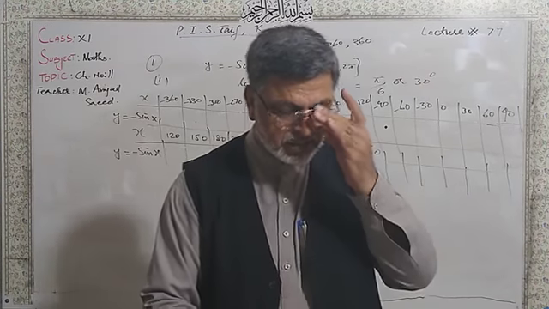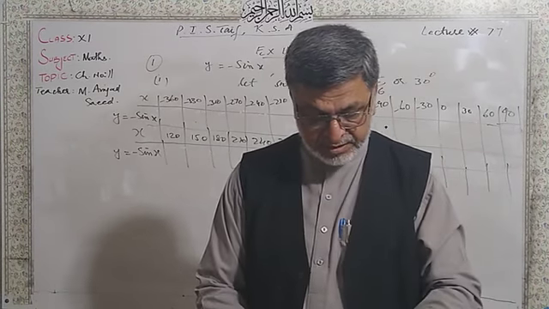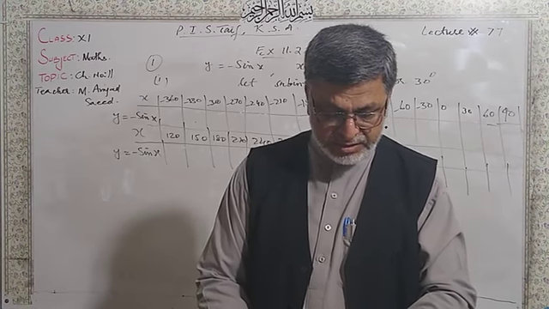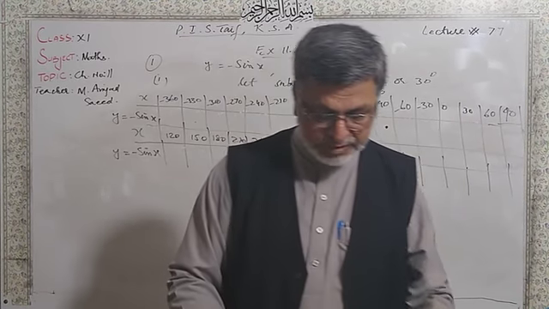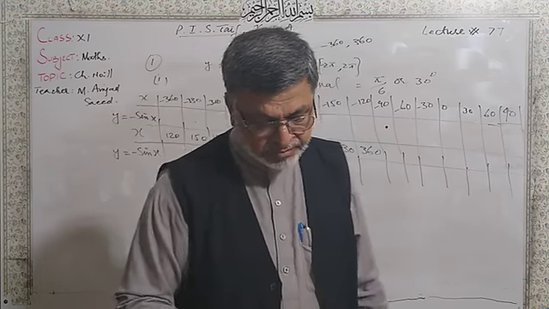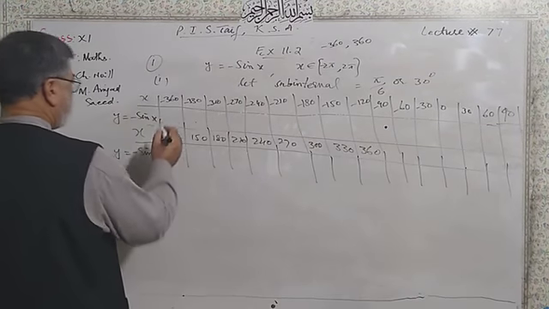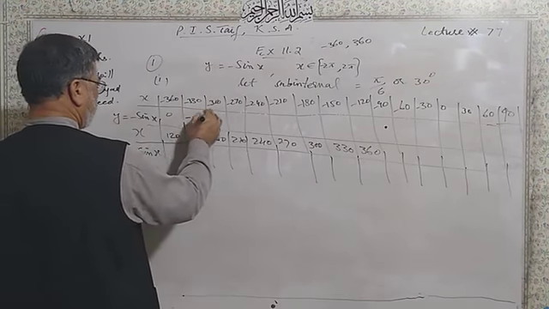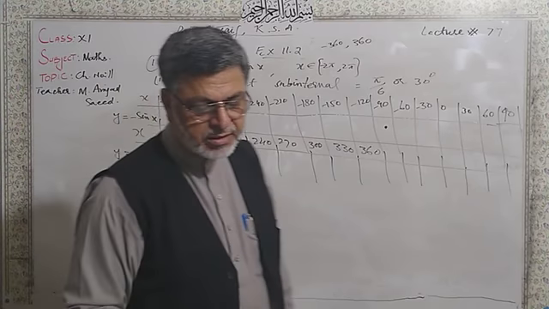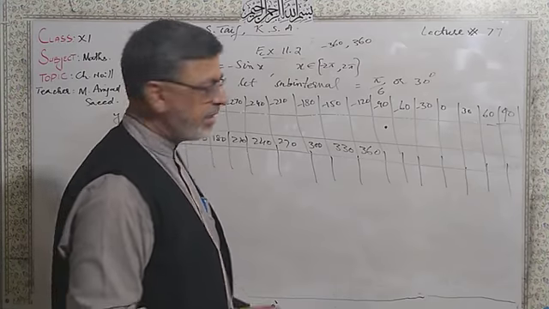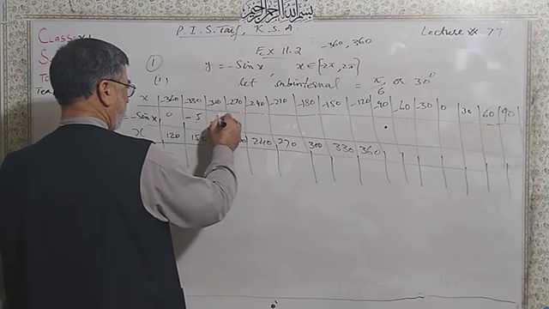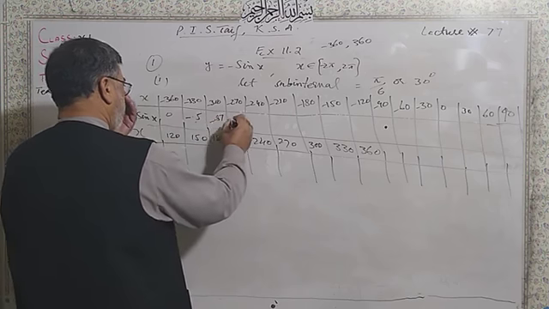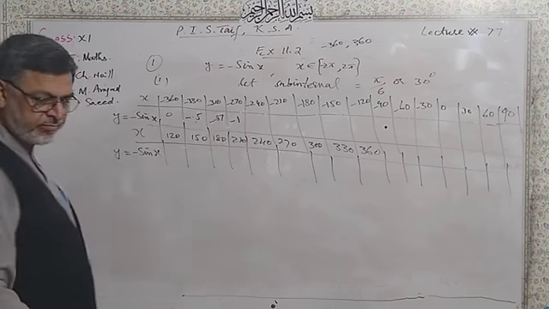Yes, sine minus 360 will be 0. This is 0. This is minus 0.5. Then minus 0.87. That will be minus 1.